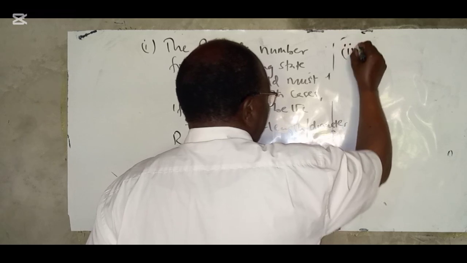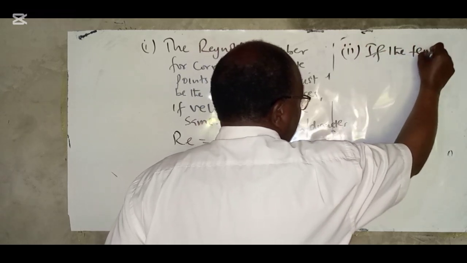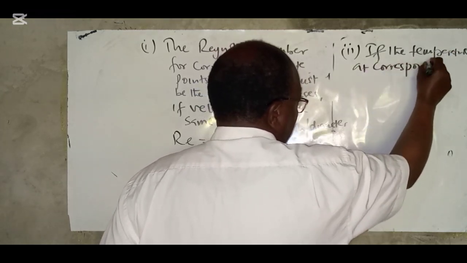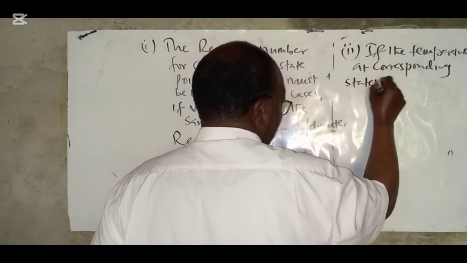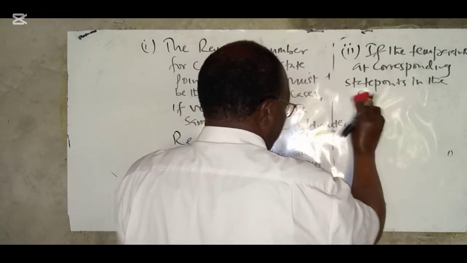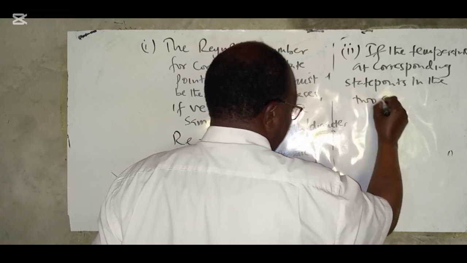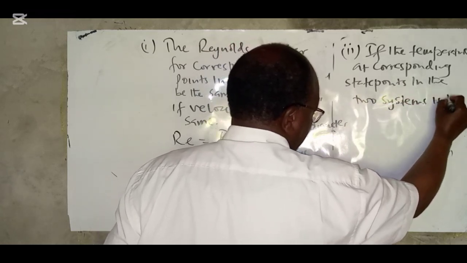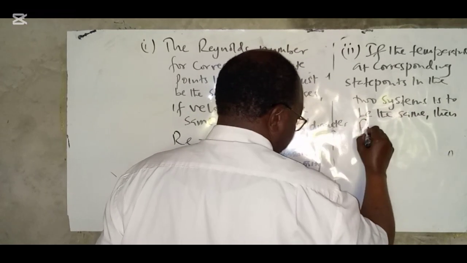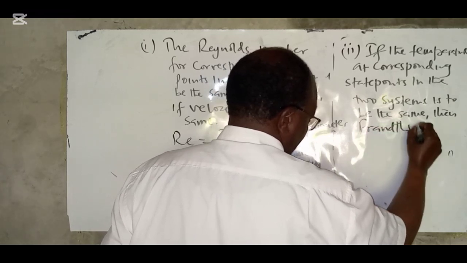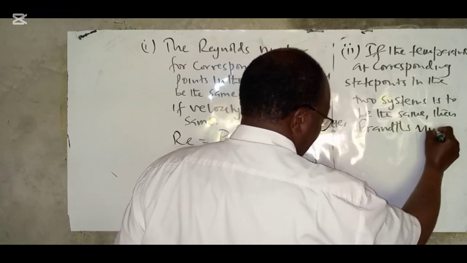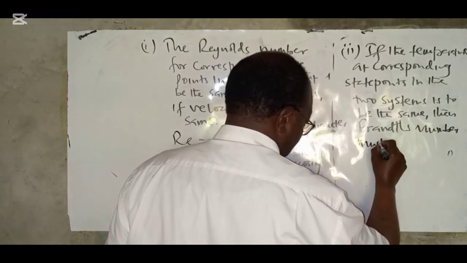If the temperature at corresponding state points in the two systems is to be the same, then Prandtl's number must be the same.